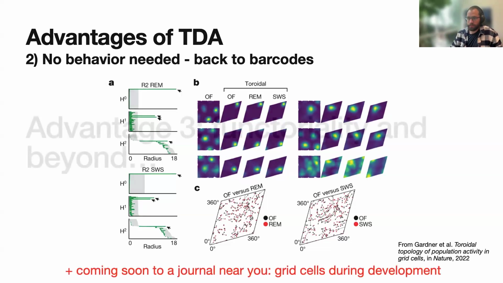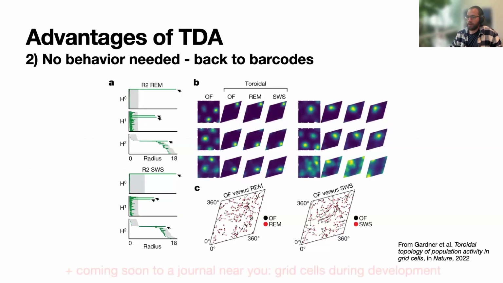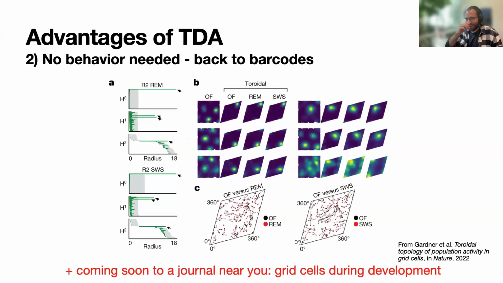And coming soon, I've been told sometime this summer, although I guess it's almost fall, so sometime this fall, they study the same kind of thing, the same grid cell system, during development. And they see the emergence of the grid system before the animal has ever opened its eyes or ears or done any kind of exploration.